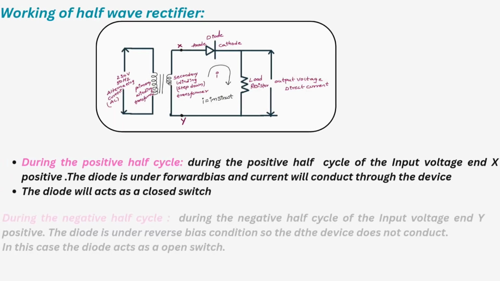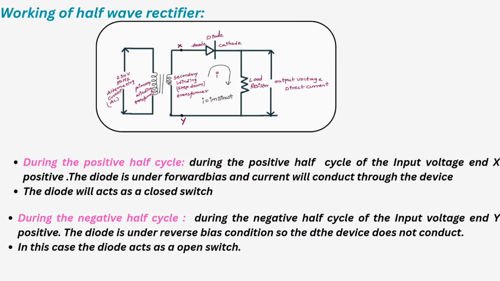Now we will see the working of the half wave rectifier under two conditions: during the positive half cycle and during the negative half cycle. During the positive half cycle, the diode is under forward bias.